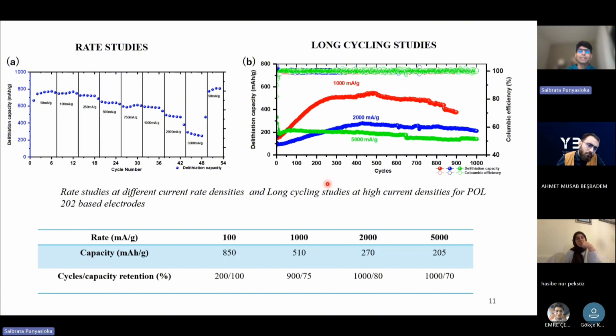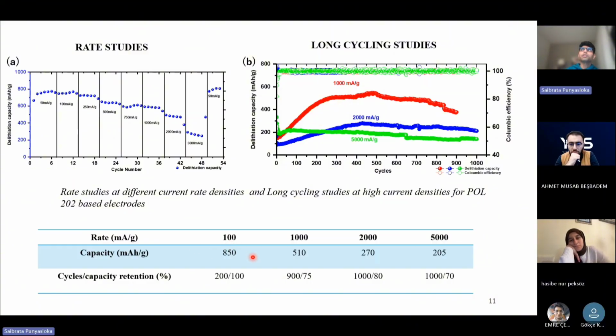Now we have established that we have a pseudocapacitive material, but how is its performance in a battery at different current rates? If you can see, it's a very high current rate. At 100, which I have done, though I have not put that image, the capacity is 850.